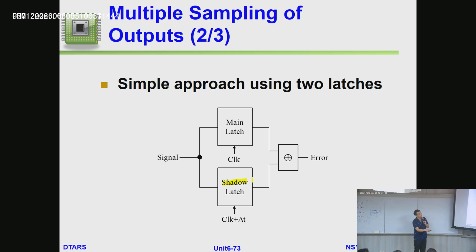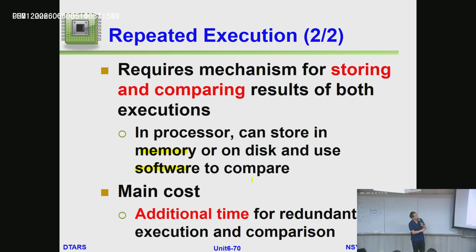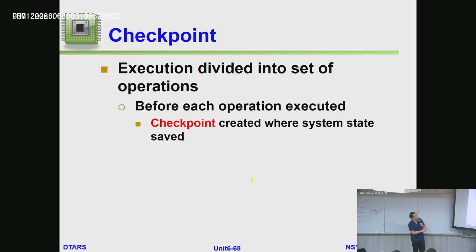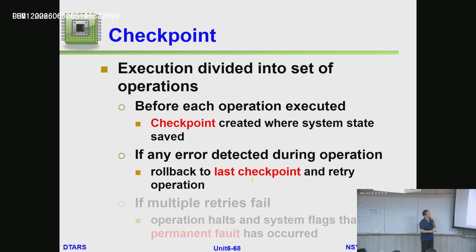So we can use this way to detect if there are any errors. If we find any errors, then this error signal can be used to trigger your system to do the rollback mechanism. Okay, so try to link this concept together.